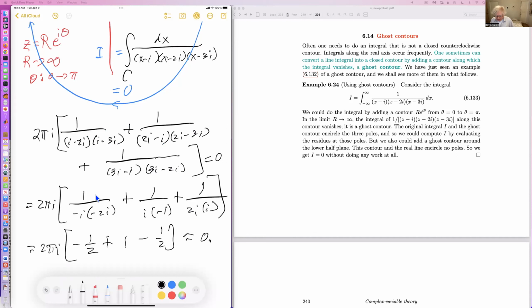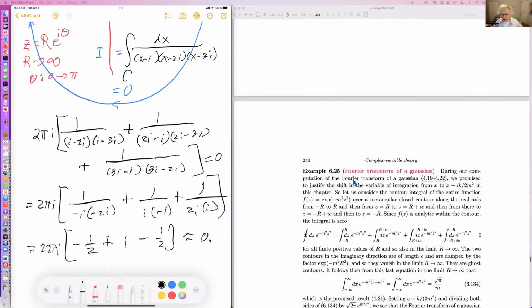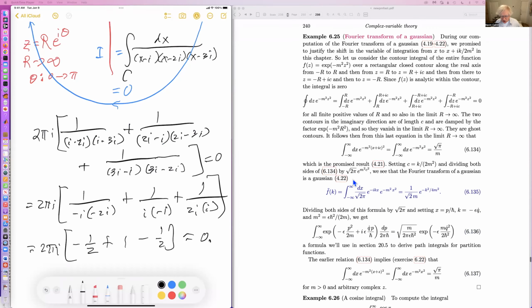So that's an example then of ghost contours. And obviously, when you have such a situation, what you want to do is look at the integral you have to do, look at the function, figure out where it's analytic, figure out where it's big, where it's small, and then see if you can add a contour that is either 0 or easy to calculate, and which then allows you to get a closed contour.